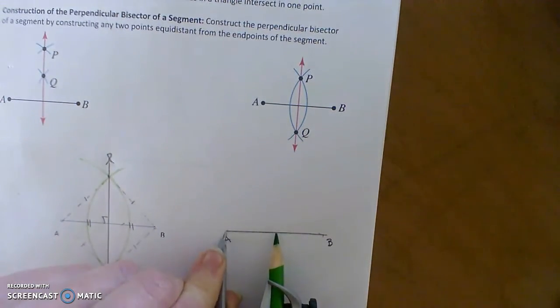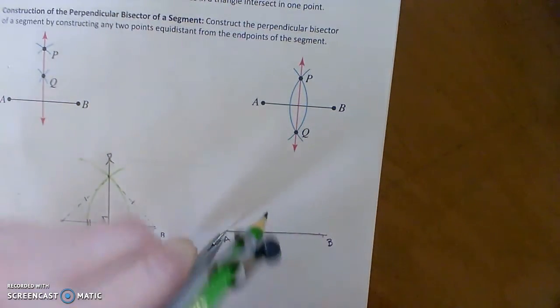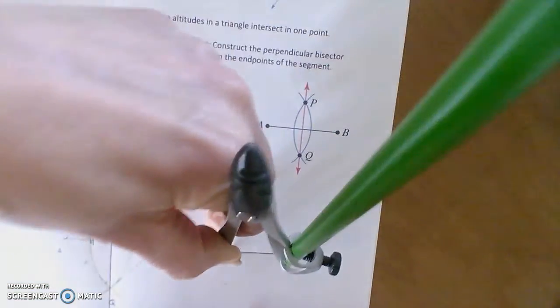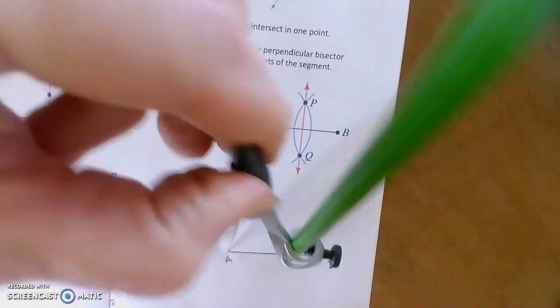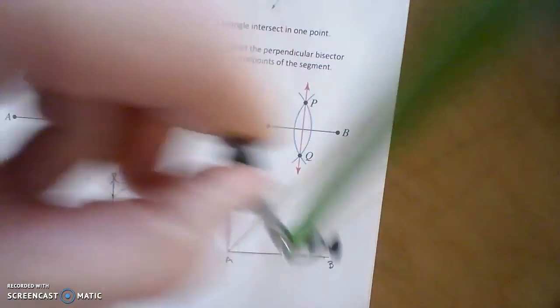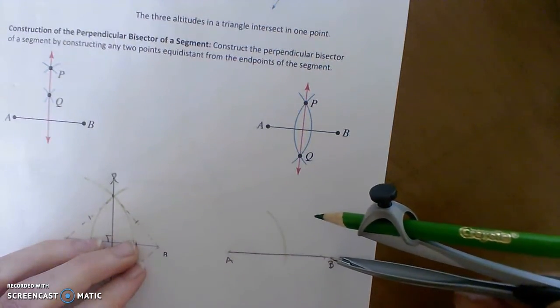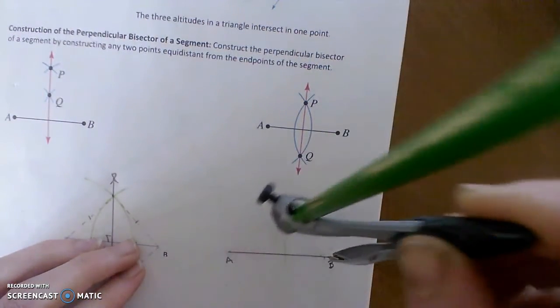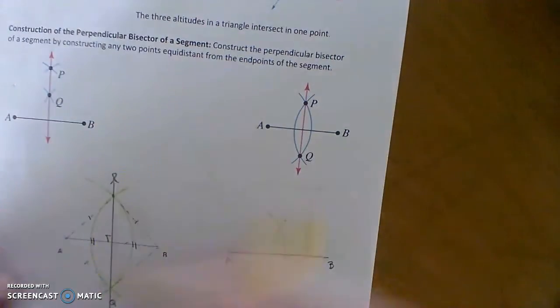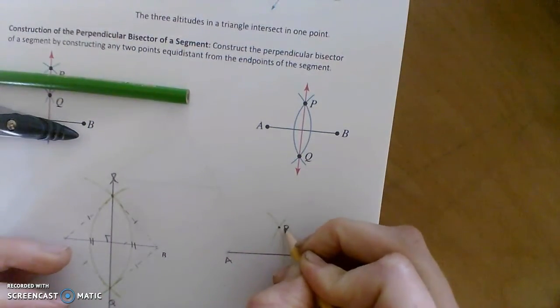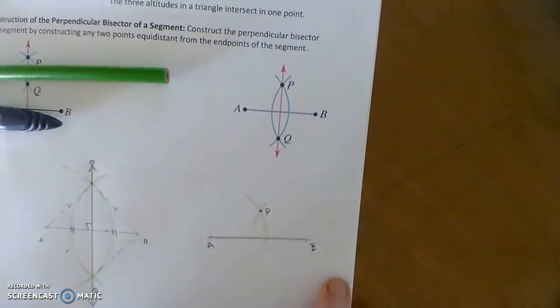So I'll set my compass so that it's a little bit more than halfway from A to B, and I will draw an arc emanating from A, same distance, draw another arc emanating from B. That'll give me my first intersection point P. That's the same distance away from A as from B.